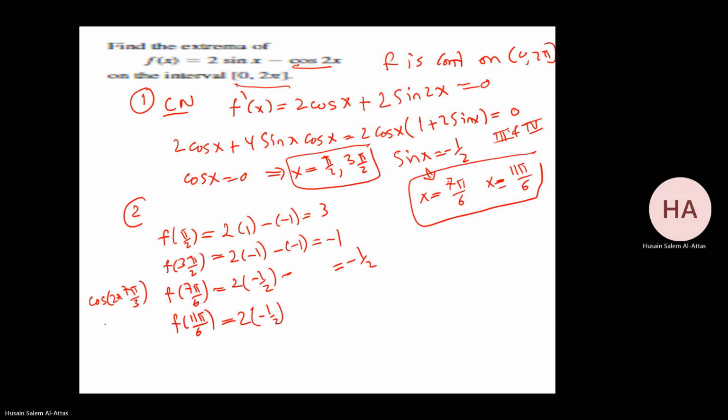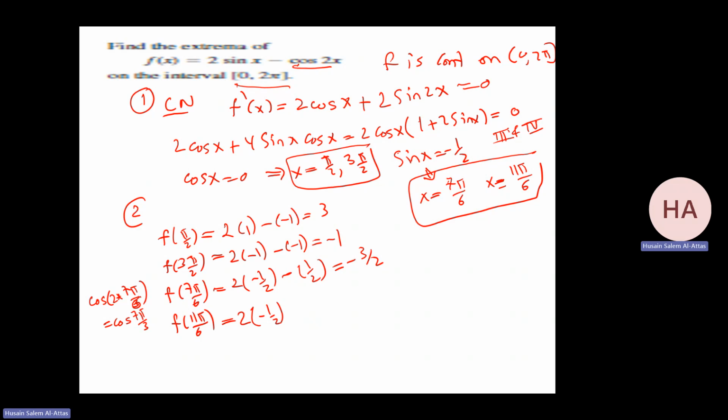That will be cosine 7 pi over 3. 6 pi is 2 pi plus pi over 3, so it's in the first quadrant. So it will be half. So I have minus 3 over 2 here.